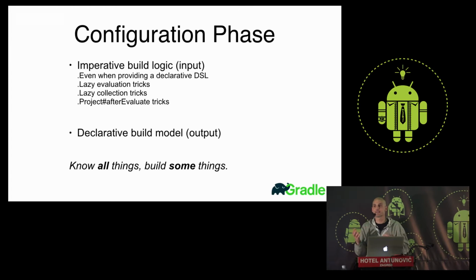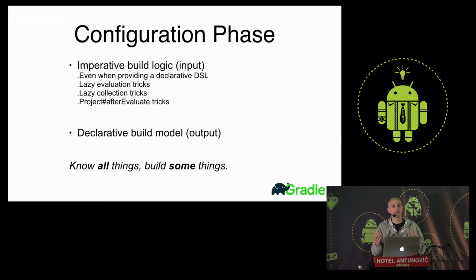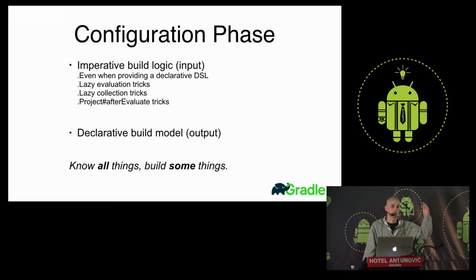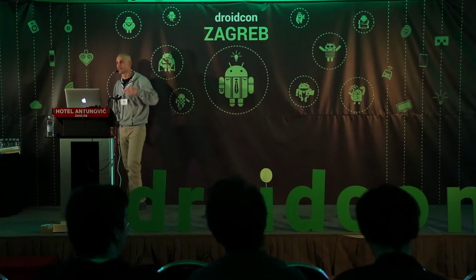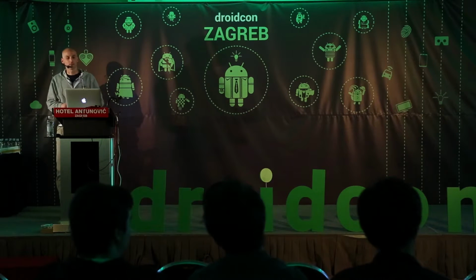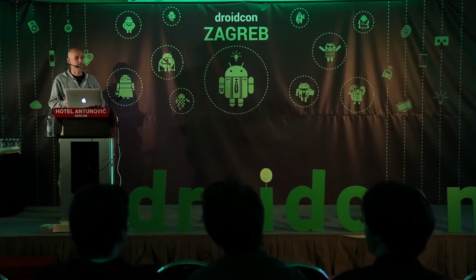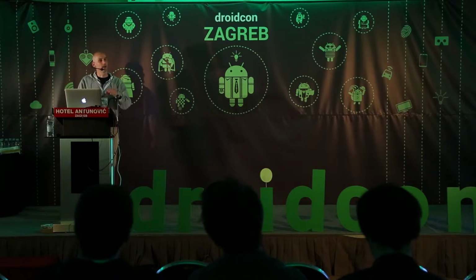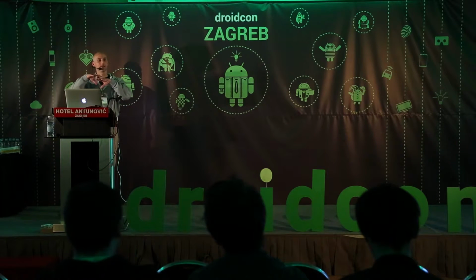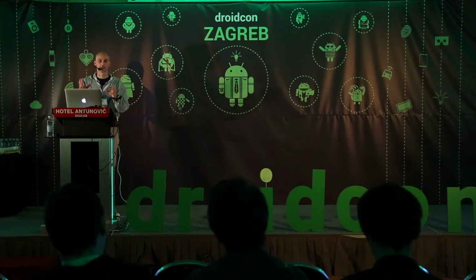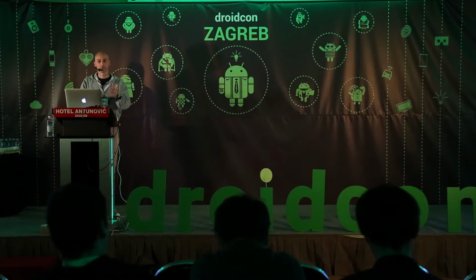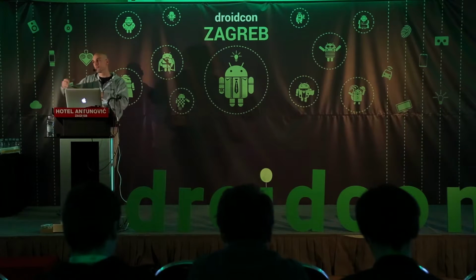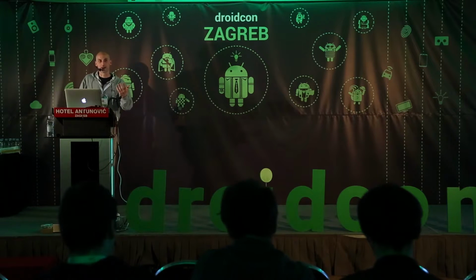But Gradle itself doesn't have any way to optimize it because it doesn't really know what all that code in the Android plugin is. So one side effect is that no matter what you invoke, the Android plugin has to build basically everything. And we don't want to do this. If we just want to build some things, it shouldn't have to know everything.